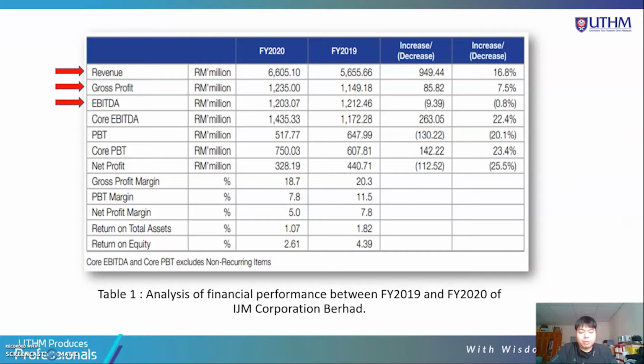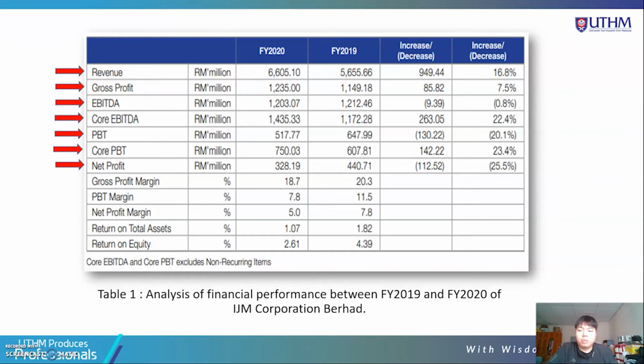Earnings before interest, tax, depreciation, and amortization decreased by 0.8%. Core EBITDA increased by 22.4%, and profit before tax decreased by 20.1%, and core PBT increased by 23.4%. Net profit decreased by 25.5%.